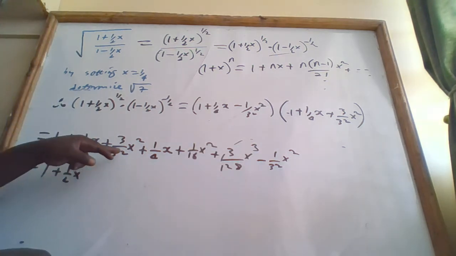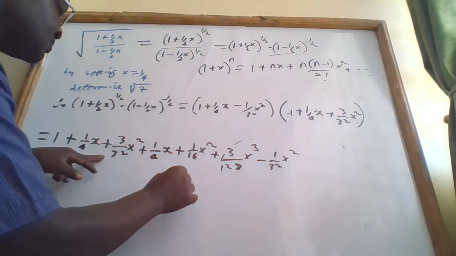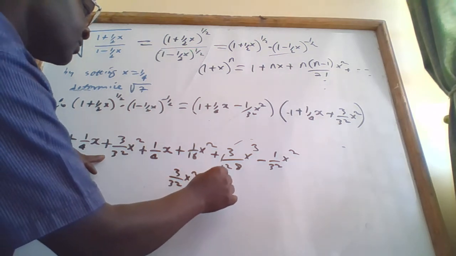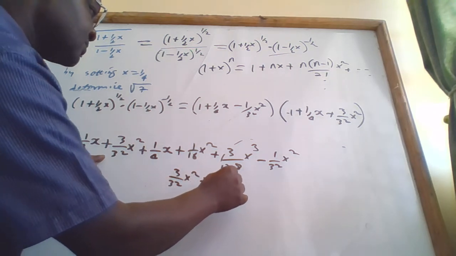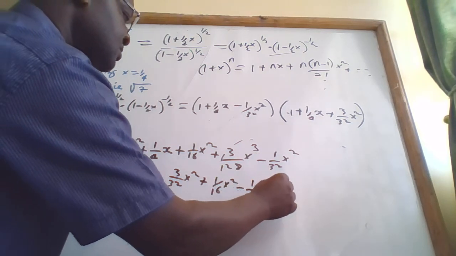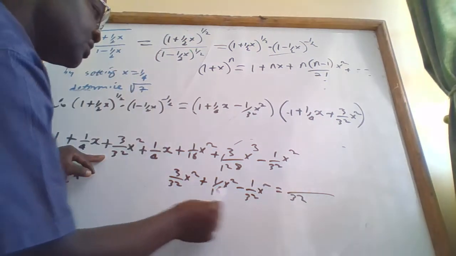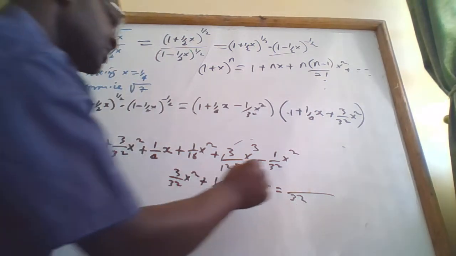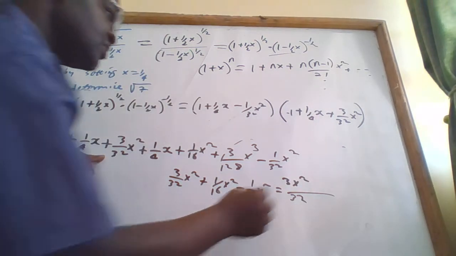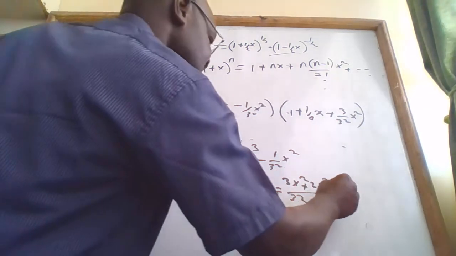So we consider this. So we have 3 all over 32 x squared plus 1 all over 16 x squared minus 1 all over 32 x squared. So the LCM is 32. 1 times 3, 3x squared, 16 goes there 2, plus 2x squared, then minus x squared.